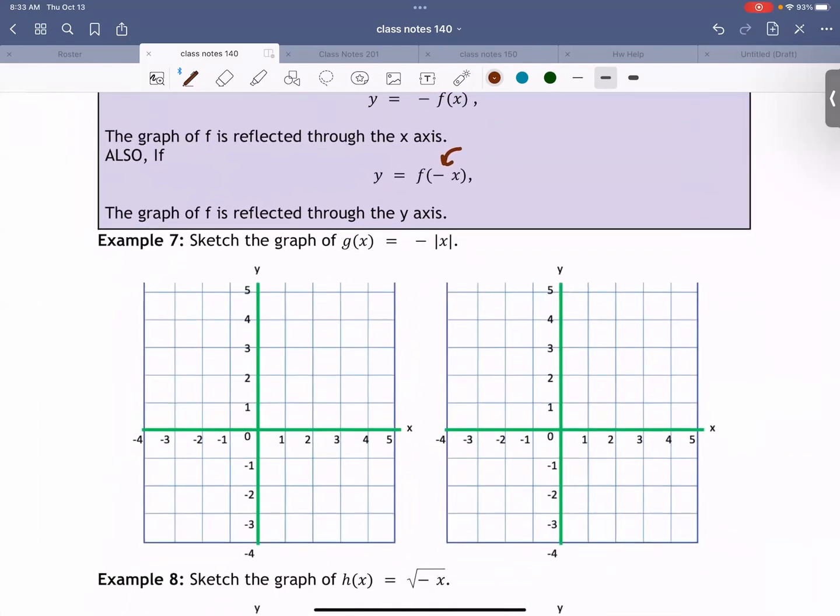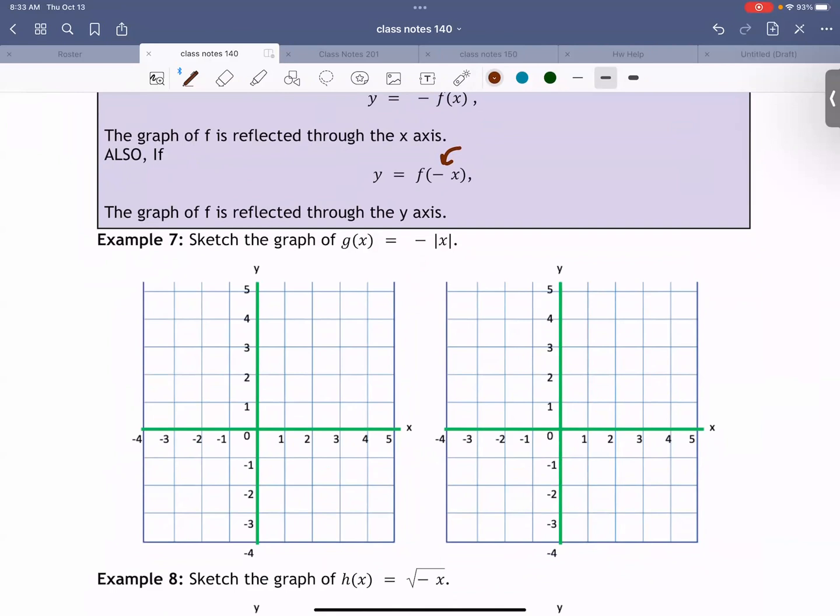So here's example 7. I want to sketch the graph of negative the absolute value of x. Before we even do anything, what graph am I starting with? Yeah, absolute value of x, right? Because there's absolute value signs in it. That means we should probably use an absolute value function to start. And that one looks like the straight line function, almost looking like x squared, but the lines are straight.